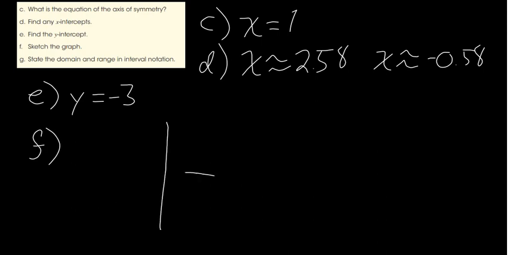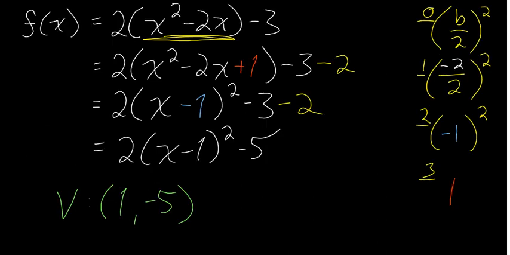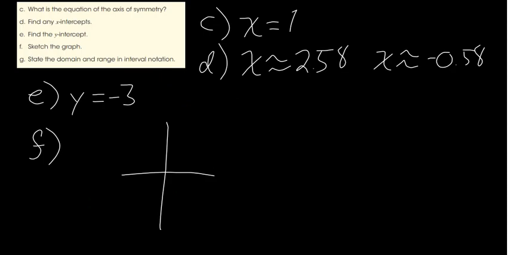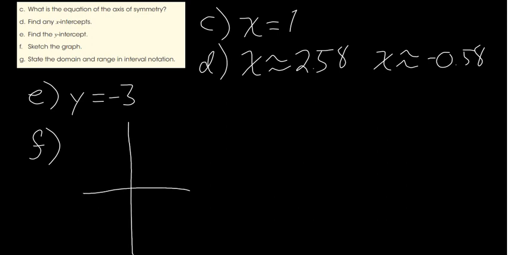Make it a little bit bigger. All right, so what's my vertex again? Okay, I can make it a tad bigger. So let's go over here to 1, 2, 3, 4, 5, 6, 7, 8.